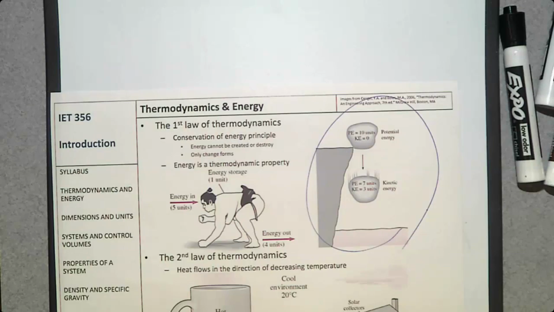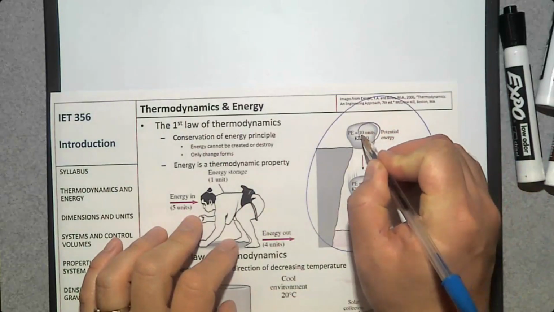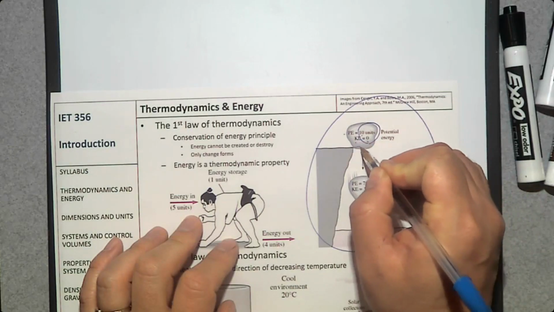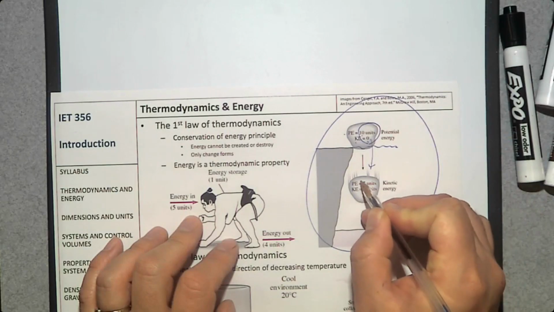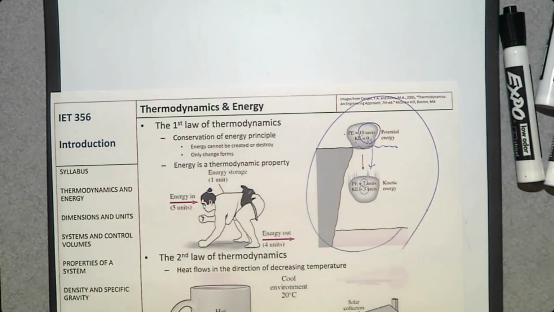And as you can see from here, the sum of these energies, 10 units of potential energy and 0 units of kinetic energy, because it was stationary. Once it starts to move, the potential energy comes down and kinetic energy goes up. The sum of potential energy and kinetic energy is 10. So that shows the conservation of energy principle.